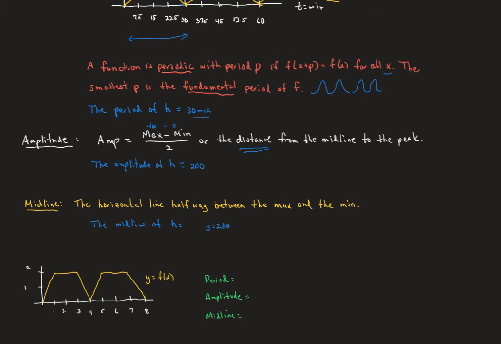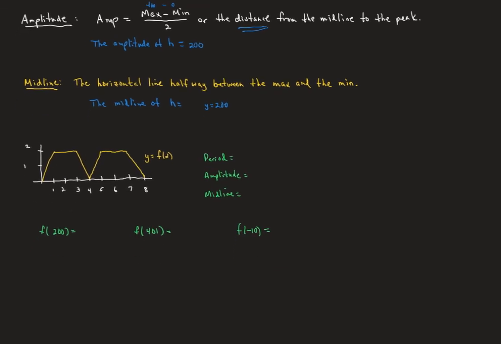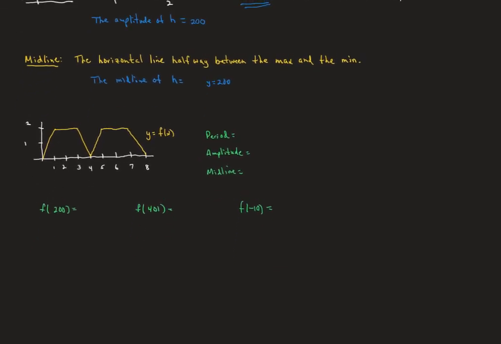Okay, with these definitions of period, amplitude, and midline, let's look at a new periodic function. Here we have one drawn, and looking at that, can you see that the fundamental period, the shortest distance you travel before it repeats itself over and over again, is going to be 4.